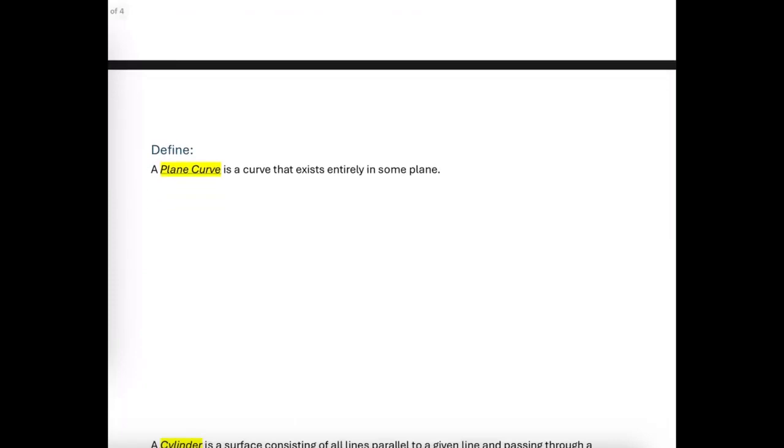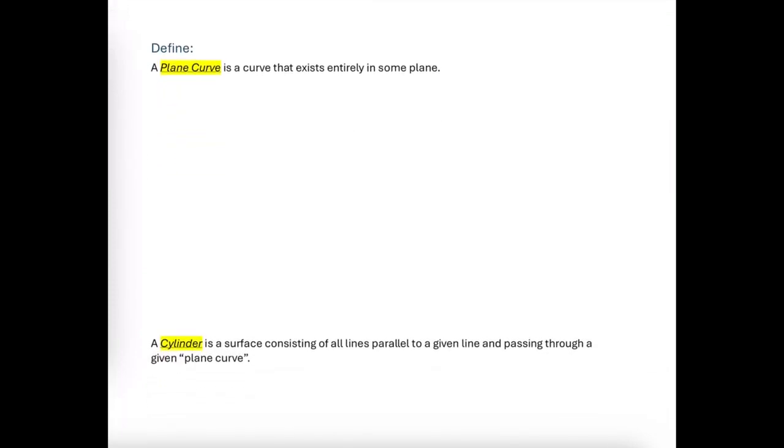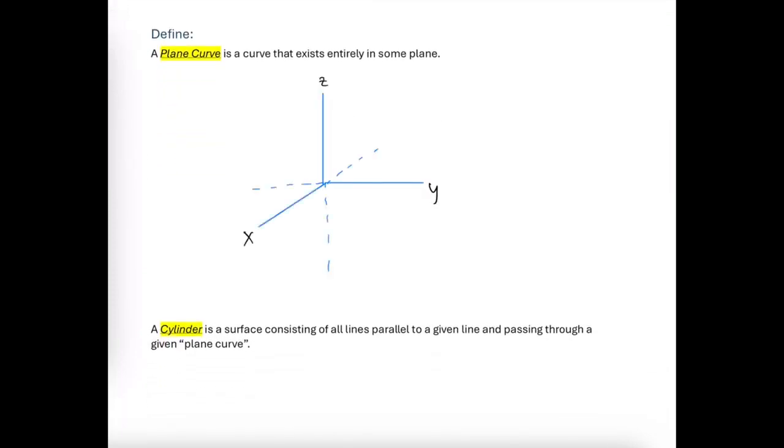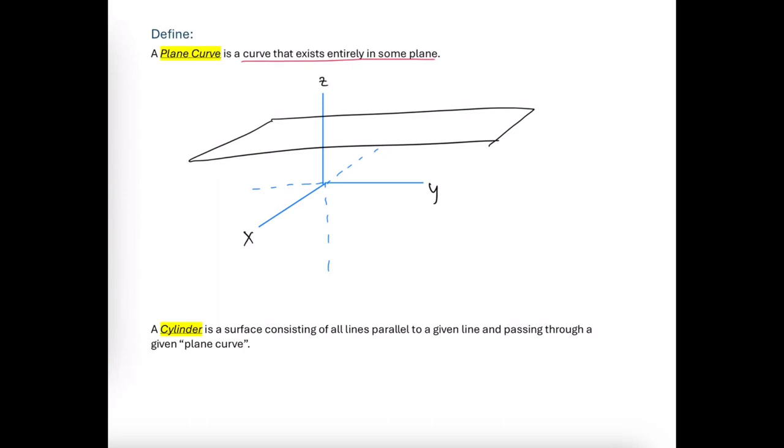First of all, a plane curve. Let's consider the three-dimensional coordinate system and a plane that is somewhere inside here. So just an arbitrary plane drawn somewhere in the three-dimensional coordinate system. A plane curve is a curve that exists entirely within the plane.